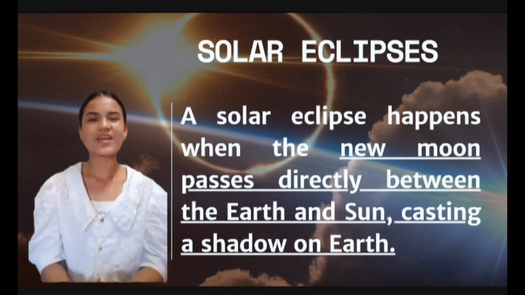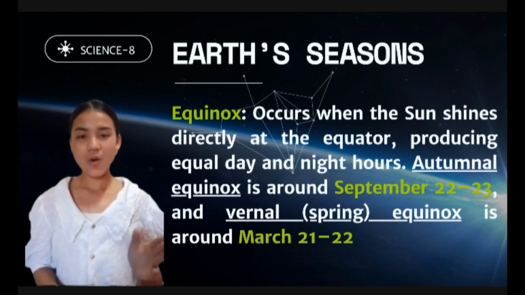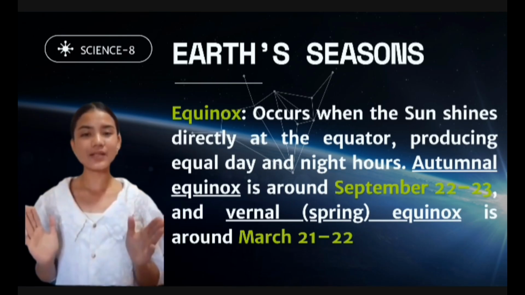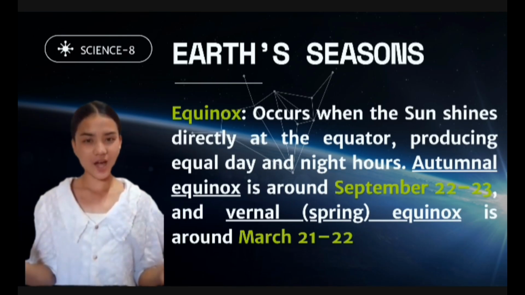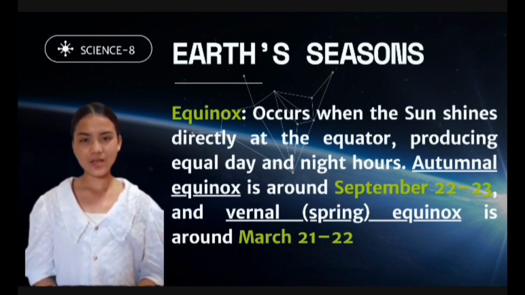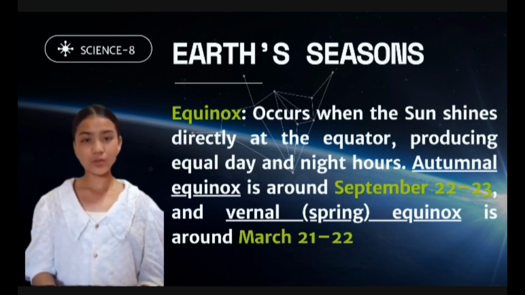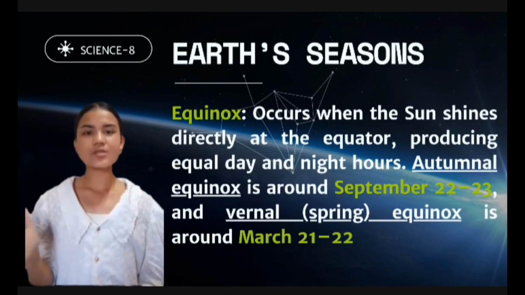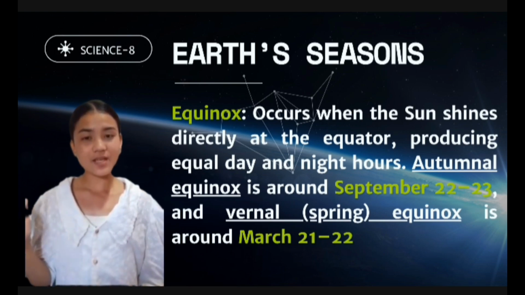Okay, very good. Thus, Earth's season equinox occurs when the sun shines directly at the equator, producing equal day and night hours. Autumnal equinox is around September 22 to 23, and vernal or spring around March 21 to 22. Earth experiences seasons due to its tilted axis as it orbits the sun.